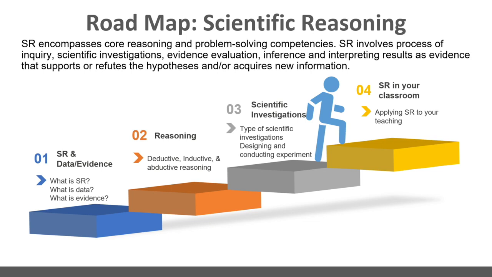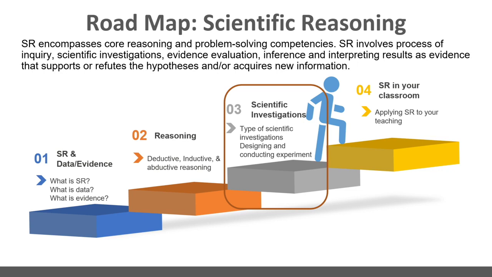Today we will continue to discuss scientific reasoning. In Modules 1 and 2, we discussed evidence, evaluation, and inference. We shared what scientific reasoning is, and what data and evidence are, in Module 1. In Module 2, we introduced 3 types of reasoning: deductive, inductive, and abductive reasoning.